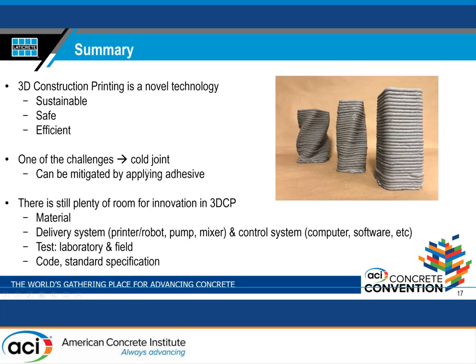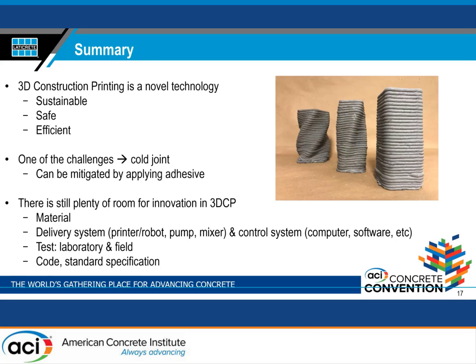One of the challenges, the cold joint, can be mitigated by applying adhesive. But I believe there are many other ways of improving the cold joint, either by applying reinforcement or by changing the shape of the printing surface.